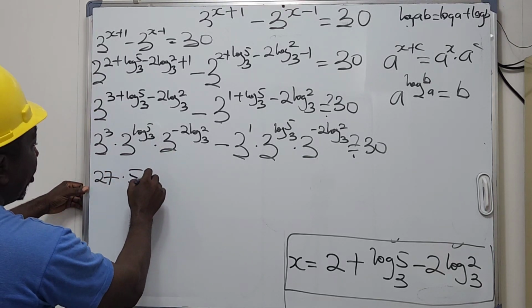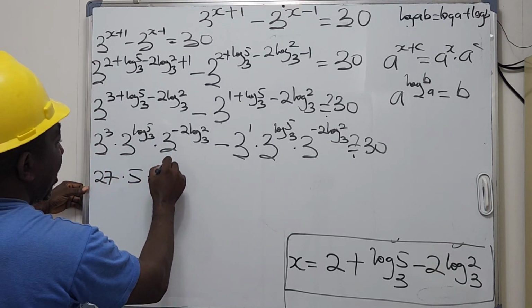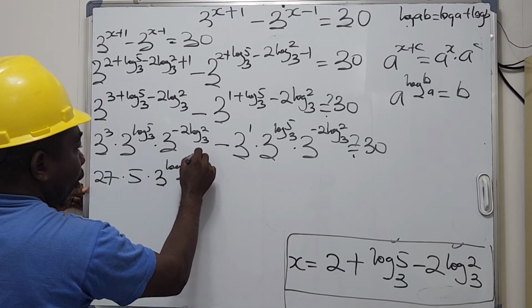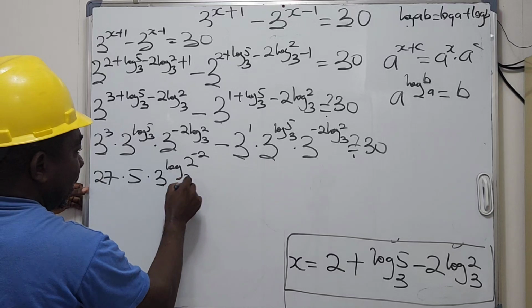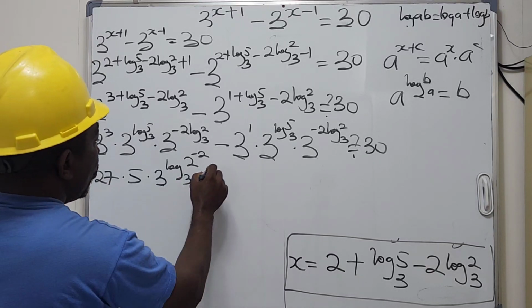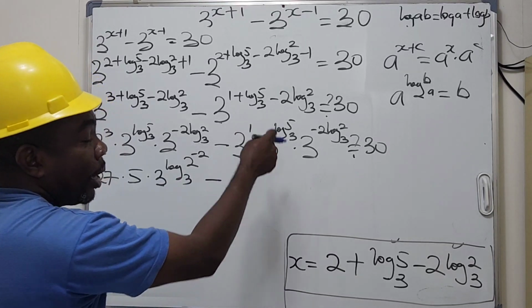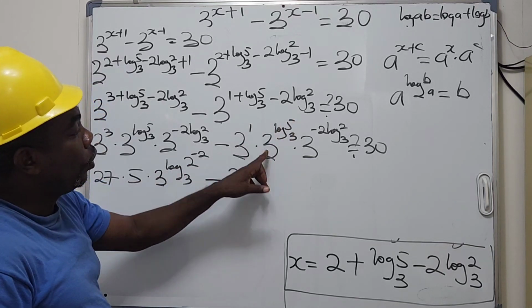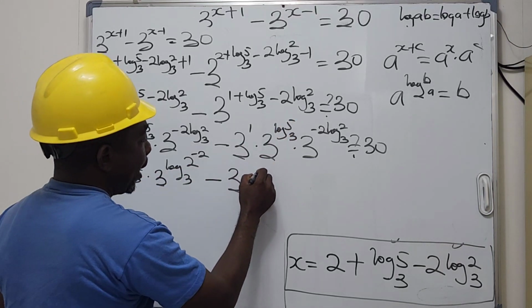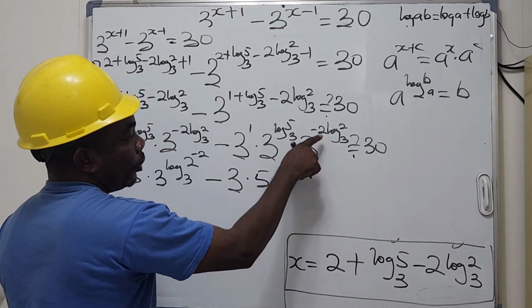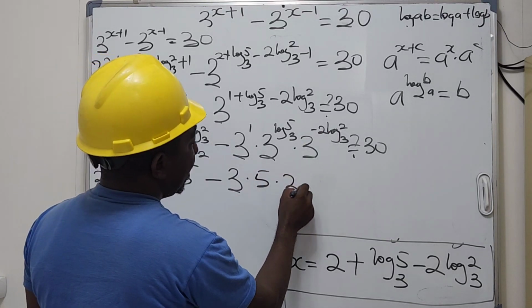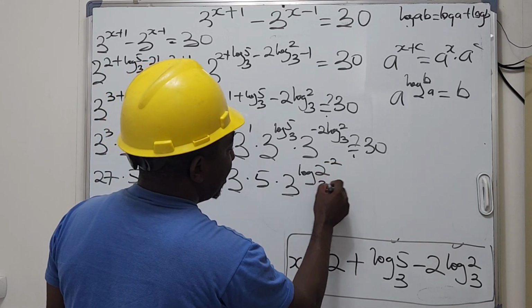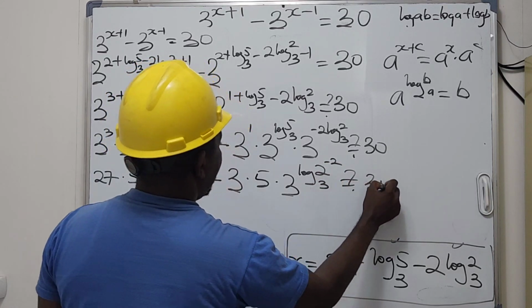And here will become times 3 to the power of log 2 to the power of minus 2 base 3. So here will become minus 3 to the power of 1, which is 3, times 5, and the other part is the same thing as times 3 to the power of log 2 to the power of minus 2 base 3. Will this equal 30?